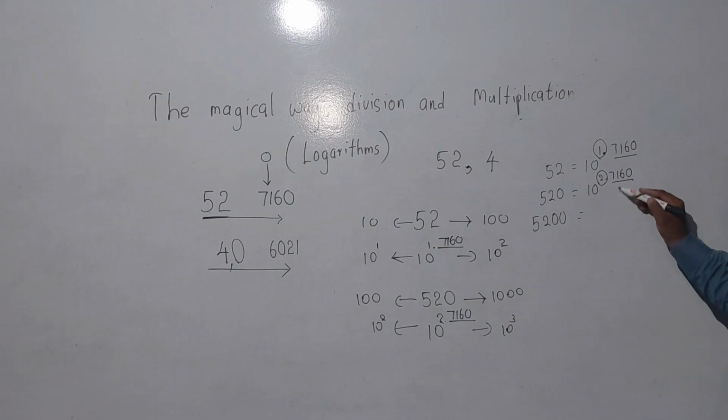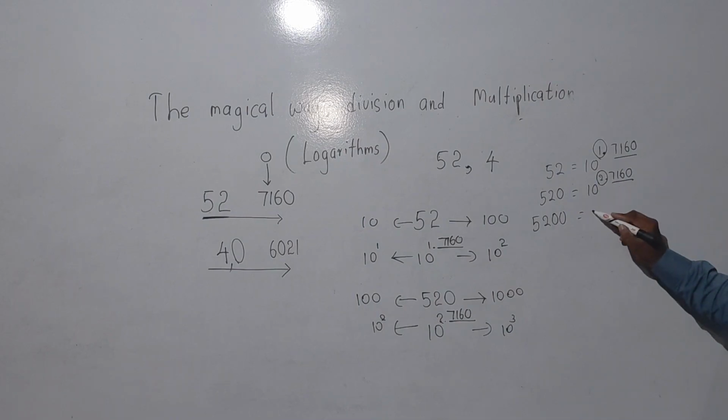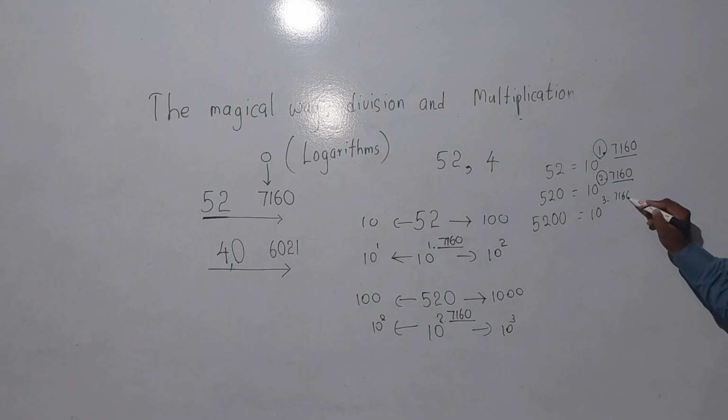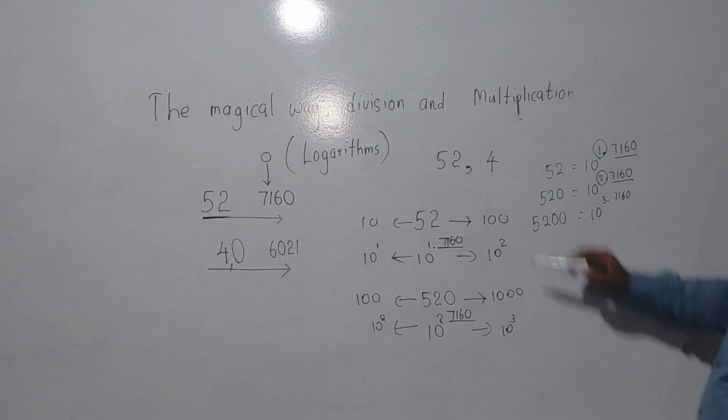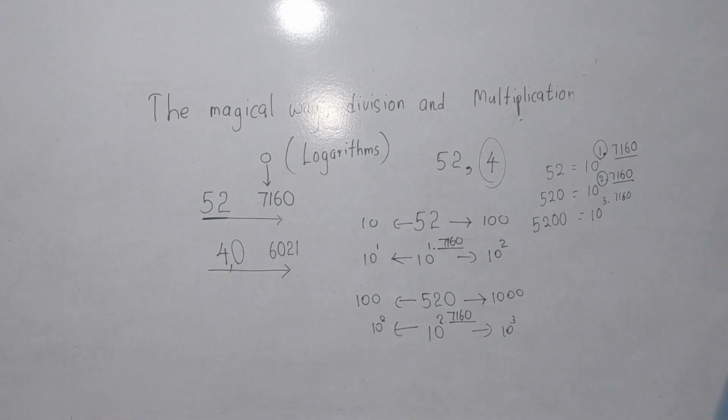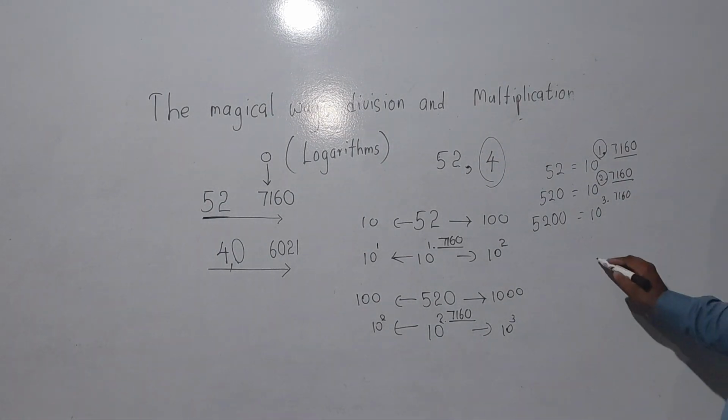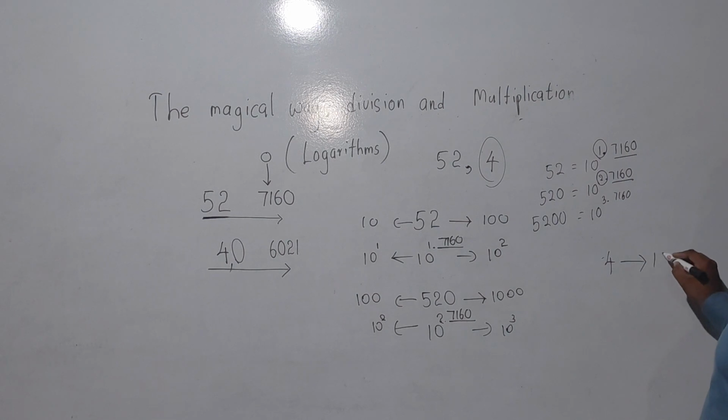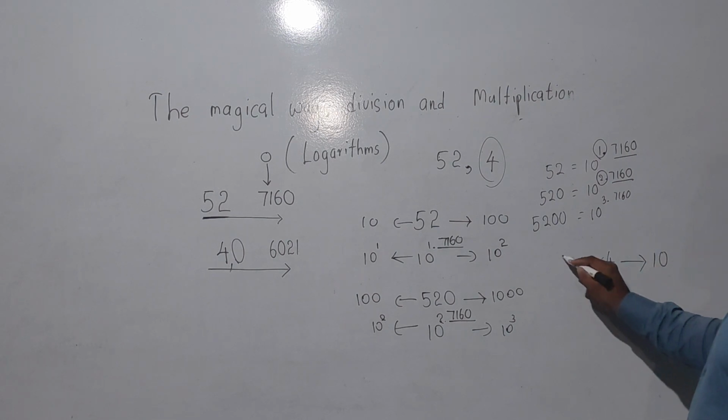We have to use the same mechanism, but the characteristic becomes 3.7160, like that. Okay. Then about 4. When we take 4, 4 is between what and what? 4 is between 10 and 1.